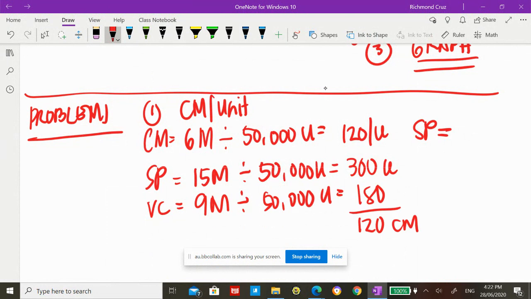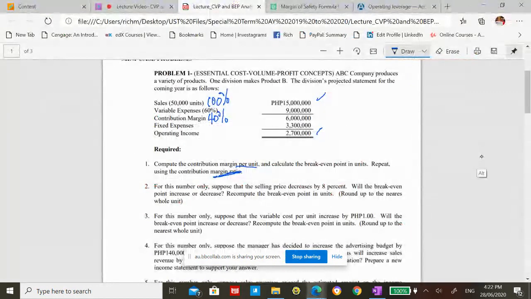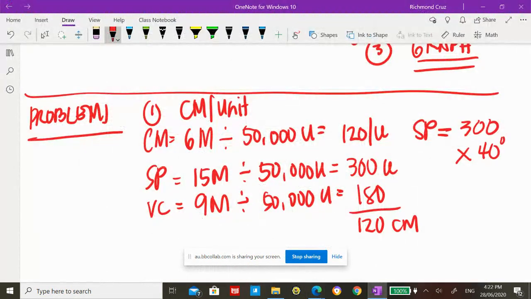Or, pwede rin yung 300 na selling price, multiply ko ng 40%, kasi ang CM percentage natin is 40%. So 300 times 0.40, that is 120 pa rin.